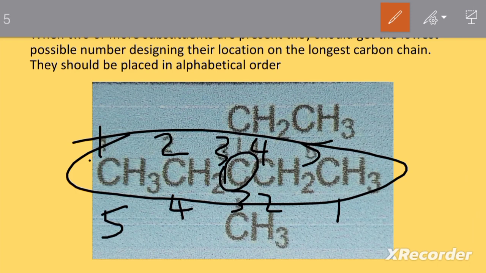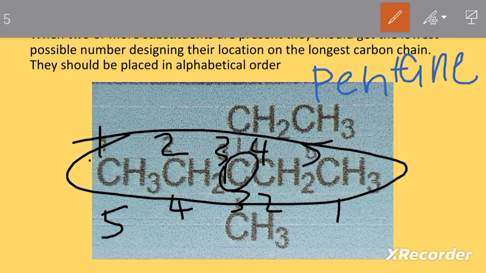So in such cases, we should follow this method. First of all, we should write the stem name. There are 5 carbons in the longest carbon chain, so I am going to write pent. And here there are no double bonds or triple bonds, so that is ane, pentane. And to the third carbon atom, there is an ethyl group and a methyl group attached.